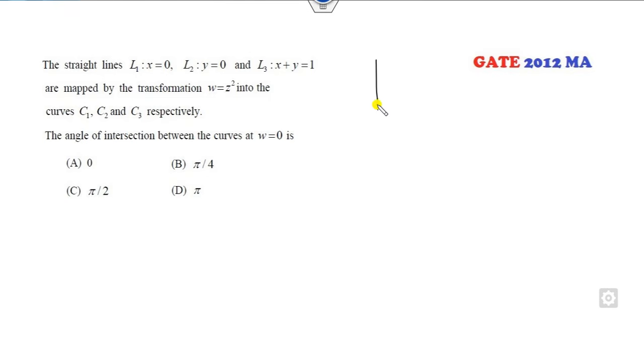Look at this another one. I can draw it graphically again. x is 0, y is 0, x plus y is 1. So the feasible area is this one. Then for the mapping of this case, we have to find the angle of the intersection. I can convert this into polar form.